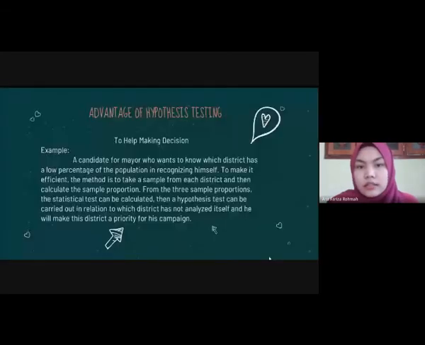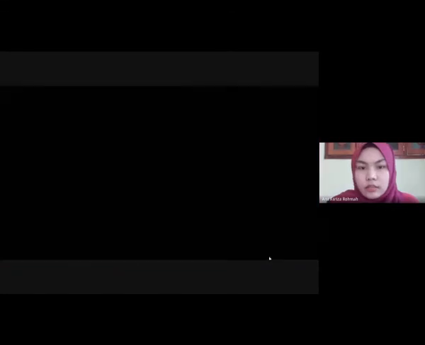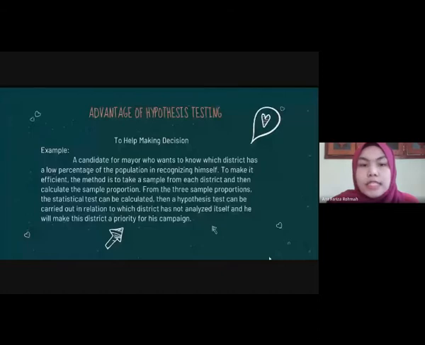To make it efficient, the method is to take a sample from each district and then calculate the sample proportion. From the three sample proportions, the statistical test can be calculated. Then the hypothesis test can be carried out in relation to which district has not aligned itself, and he will make this district a priority in his campaign.